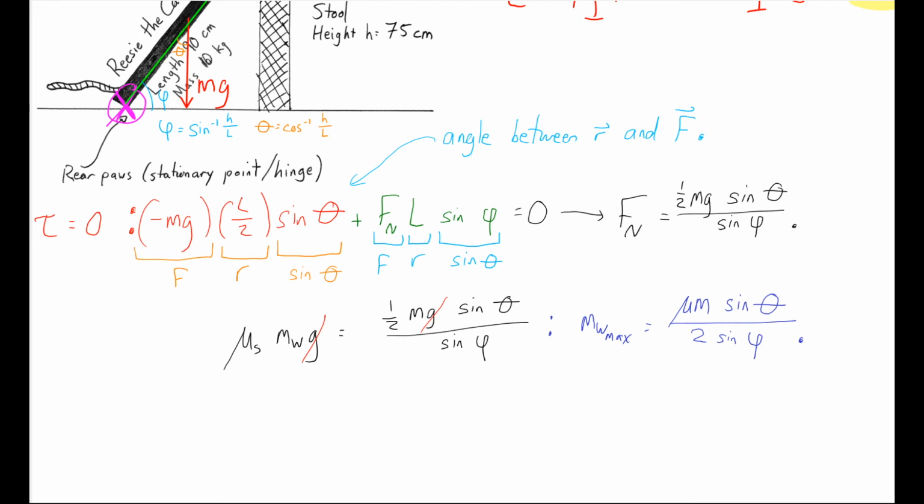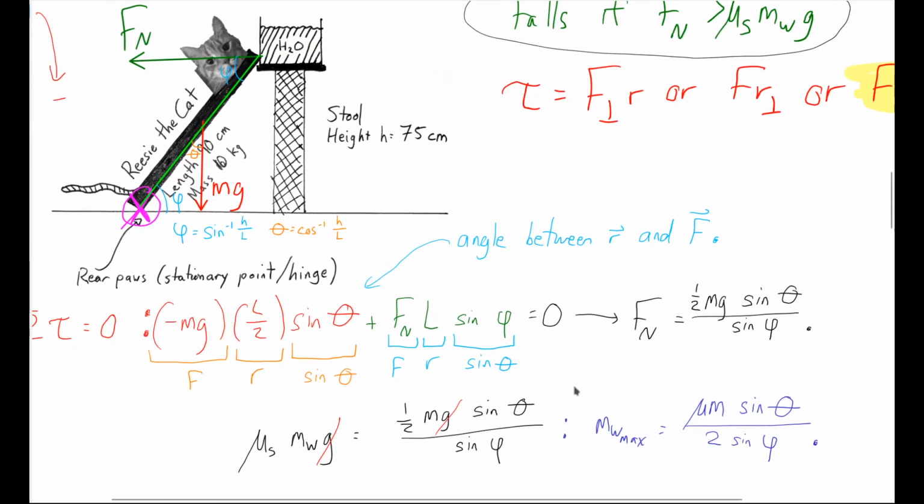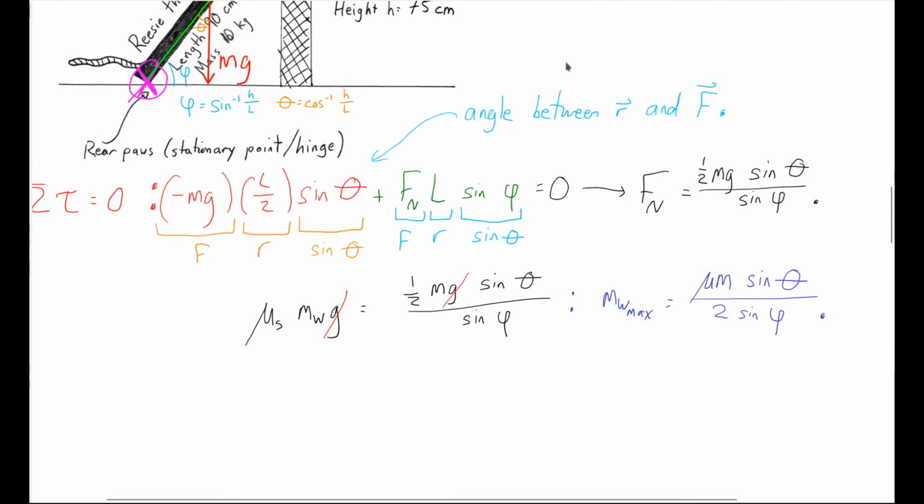Let's see, so theta is the inverse cosine of the height, which is 75, over the length, which is 90. I have to say in degrees in Google Calculator.